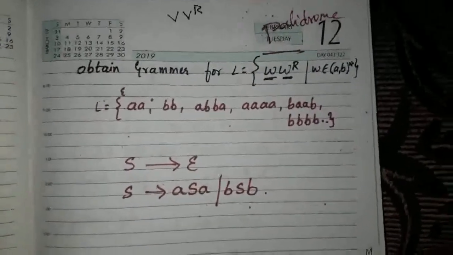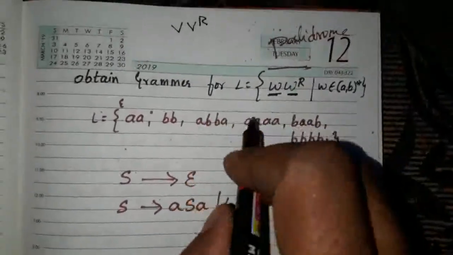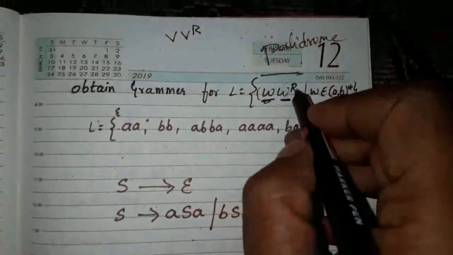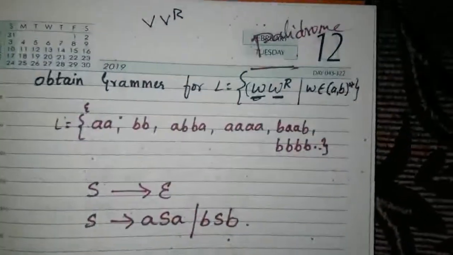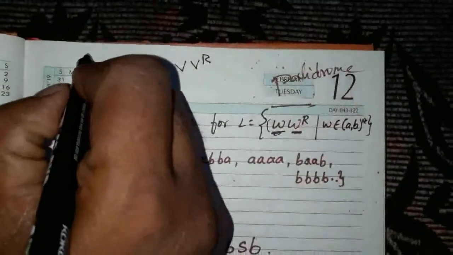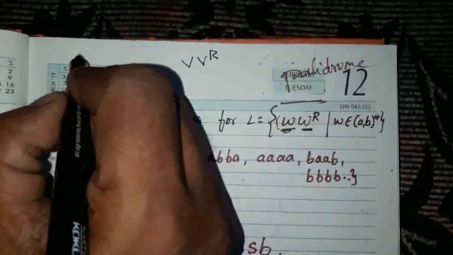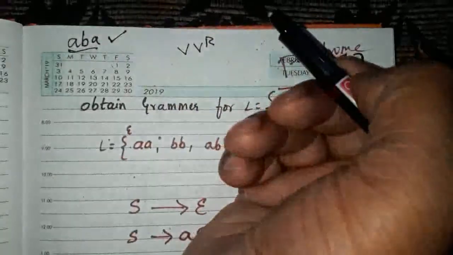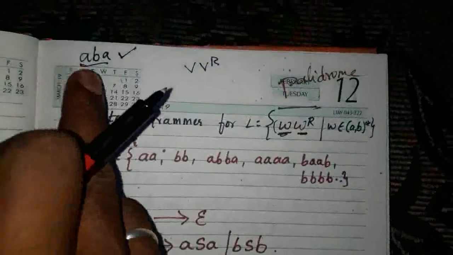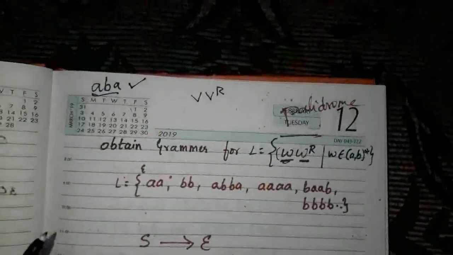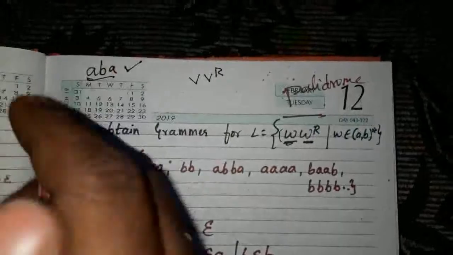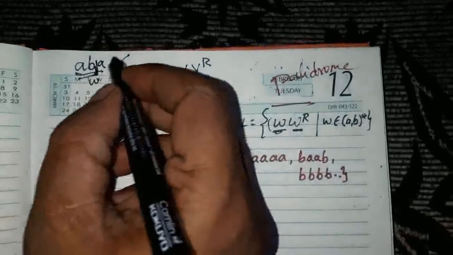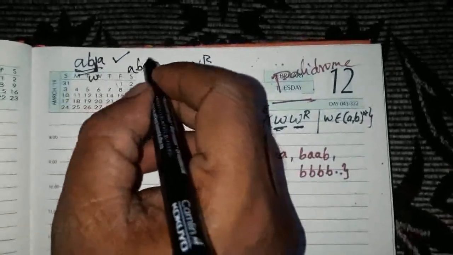Now see here, if I take the first string as epsilon, the second string will also be epsilon only. See now, in the last problem for the palindrome, if I had taken ABA, it should be accepted. But in this problem, if I take ABA, it should be rejected. Why? Here, if you take this as W, the second half should be ABBA, right?